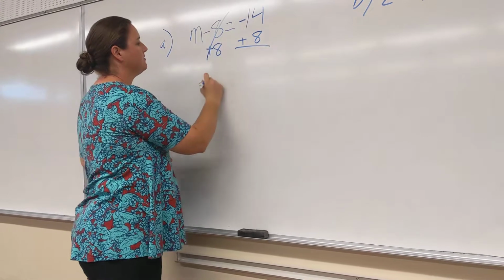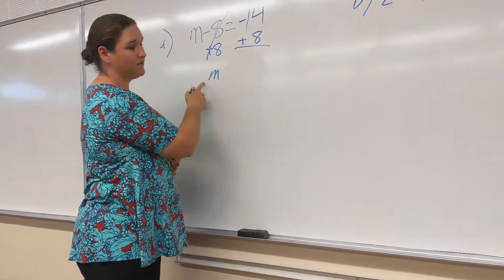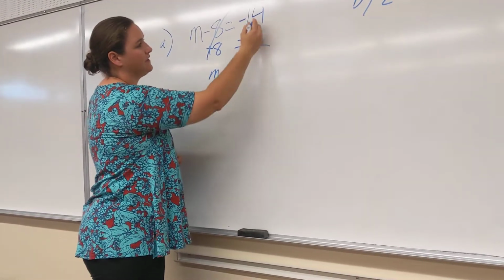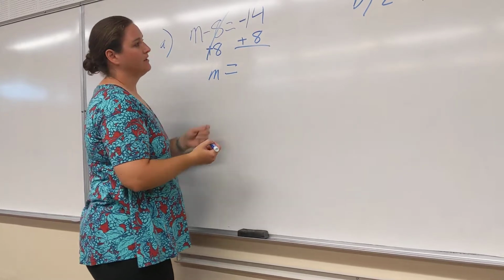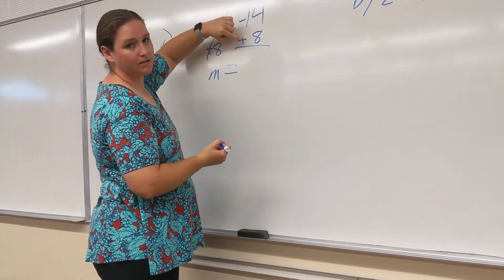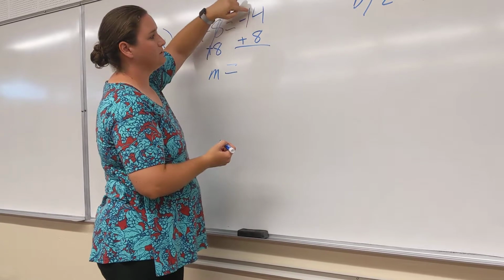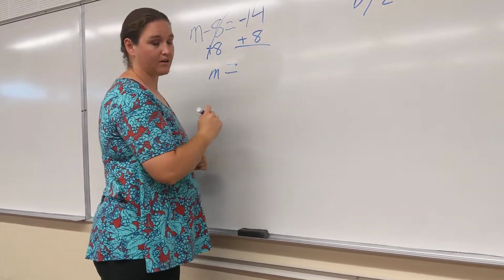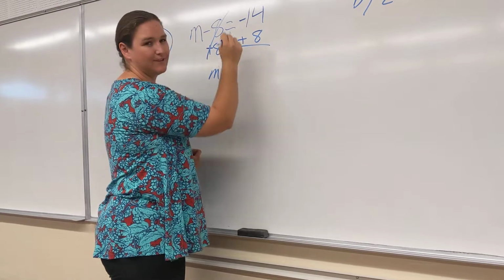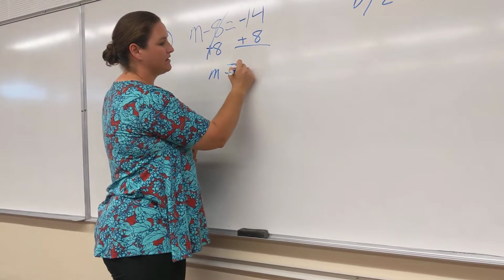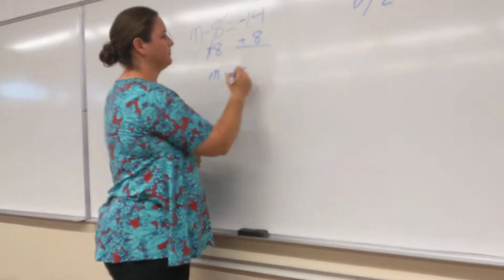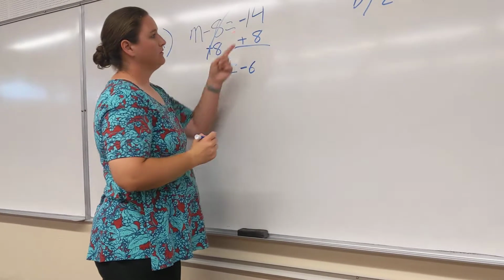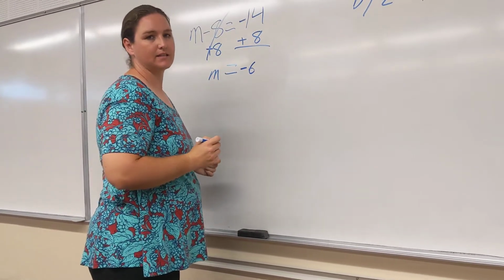Okay, so that's 0. That leaves us with an m on this side. And this, now I know it looks a little weird, but we do subtract these two. And because our 14 is bigger, our negative number is bigger, then we know down here is going to be a negative number. Okay, 14 minus 8 is 6.